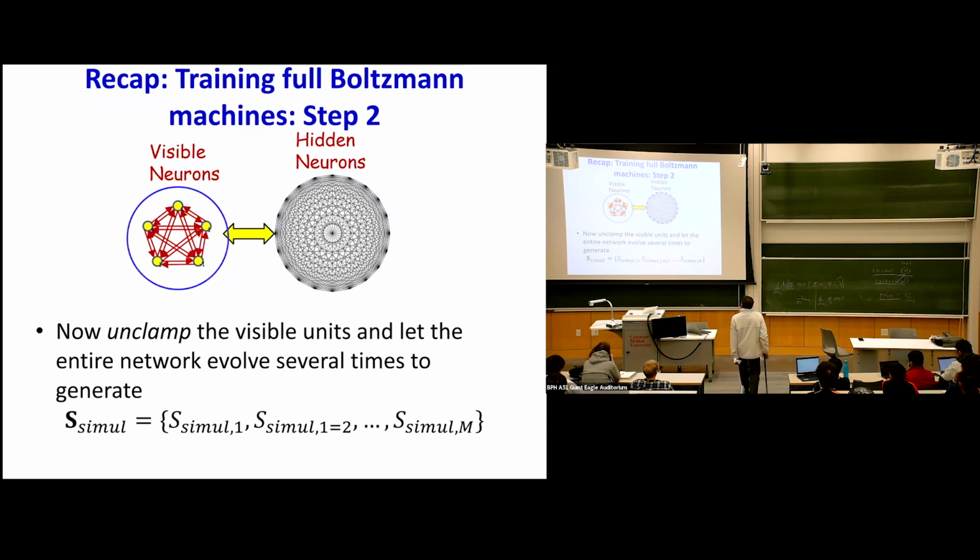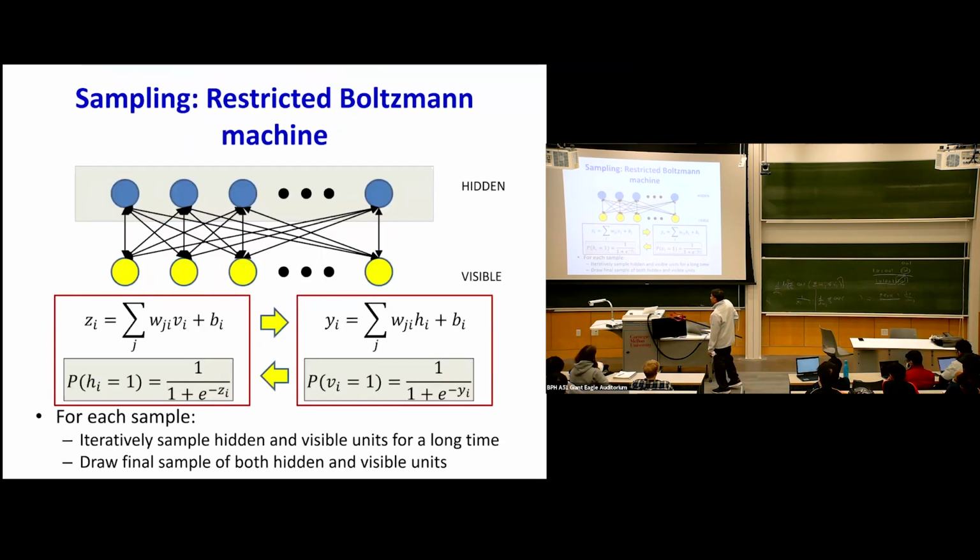Now, in the second step, we unclamp the visible units and let the entire network evolve several times to generate these samples. We are still going to have a similar procedure, but the computation is much simpler. You'd have the visible units. From these visible units, you're going to just sample the hidden units.